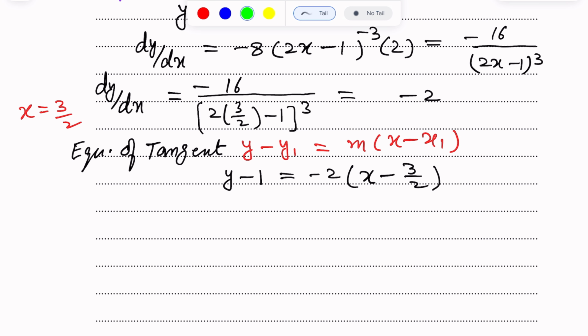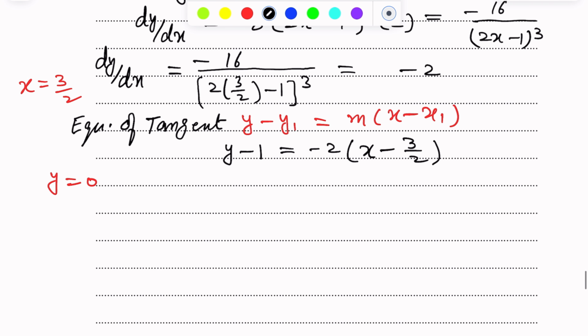At the x-axis y is equal to 0. So putting y is equal to 0 in this equation, we get 0 minus 1 is equal to minus 2 into (x minus 3 over 2).